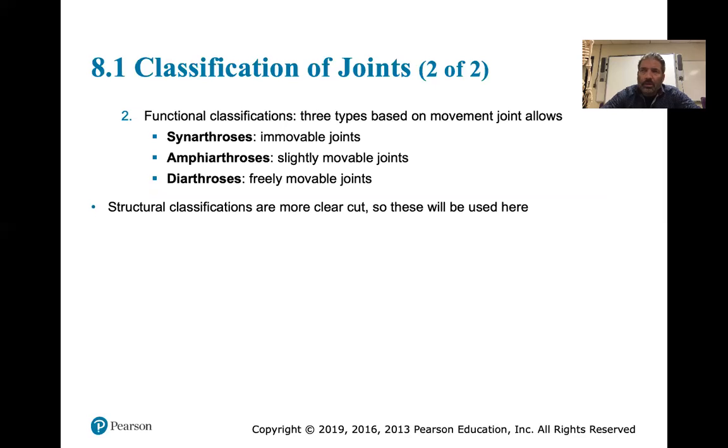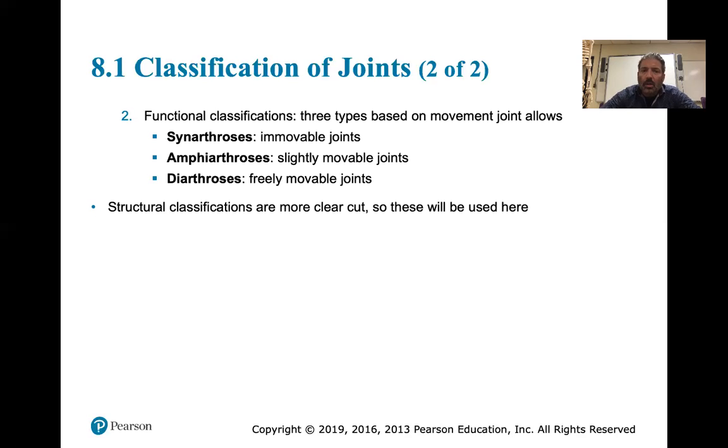Some people would say the tibiofibular joint or the pubic symphysis. There's a little bit of motion in there, so it depends on who you're talking to. Amphiarthrosis are slightly movable joints, and diarthrosis are the ones that we're probably most used to, or the ones we can visualize the most. So those are freely movable joints.